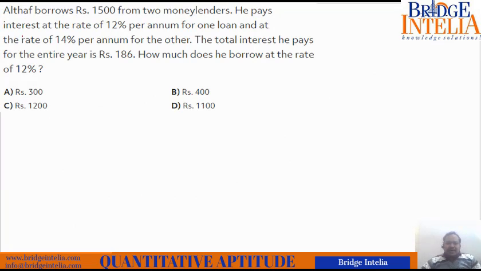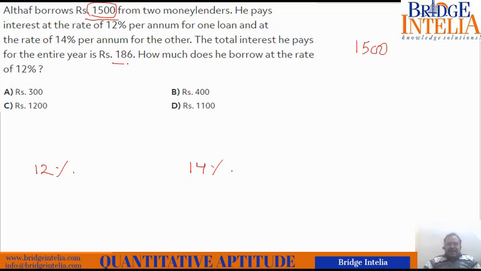Altaf borrows rupees 1,500 from two money lenders. He pays interest at the rate of 12% per annum for one loan and at the rate of 14% for the other. So two different sources, one at 12%, the other at 14%. He has borrowed 1,500. How much interest is he paying back?